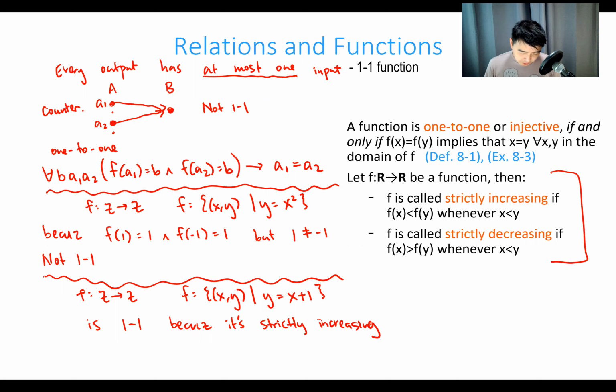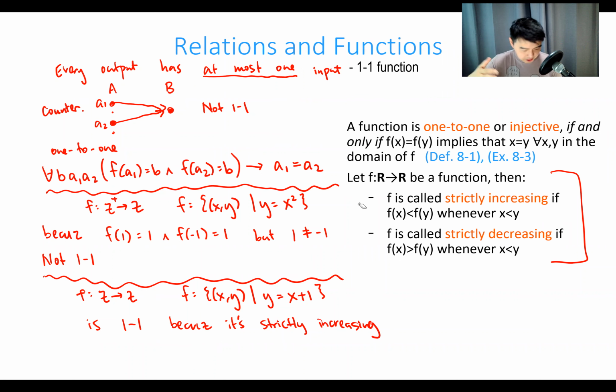All right, so I want to come back to one of the points that I was making before. Let's say in the earlier example, in this example right here, my domain was, instead of integers, positive integers. So we have a domain of positive integers, and this function maps from positive integers to integers.